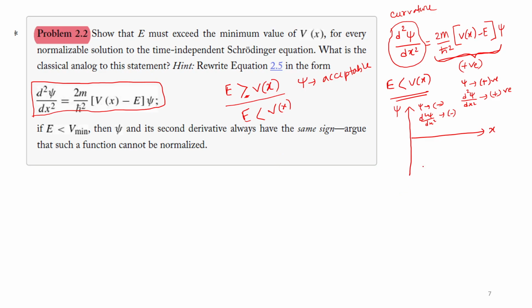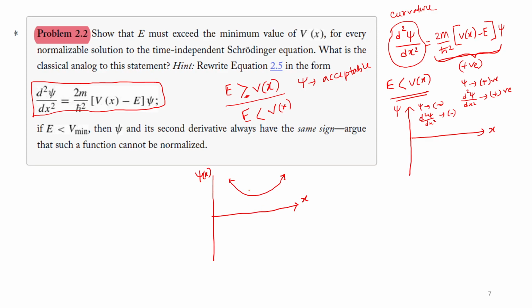So as you can see, let me draw once more. Suppose this is my x and psi of x. Suppose now my psi is positive. So it will have something like that. The curvature is also positive, right? So psi can expand in the positive x direction and the minus x direction also.